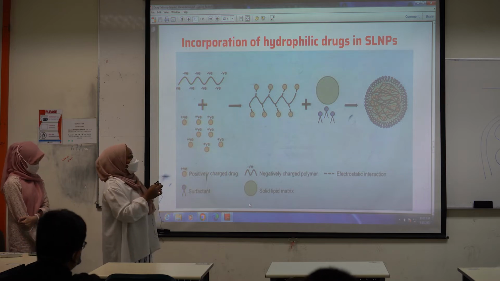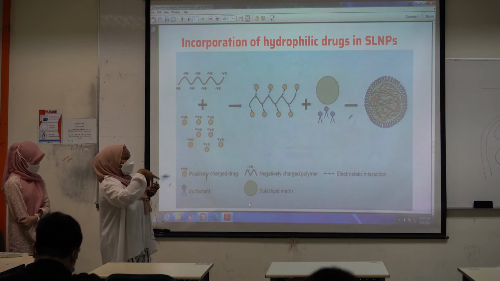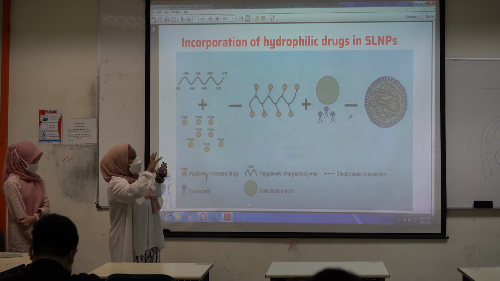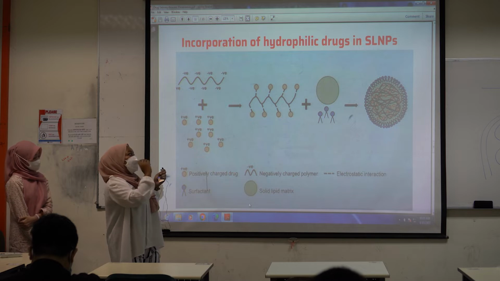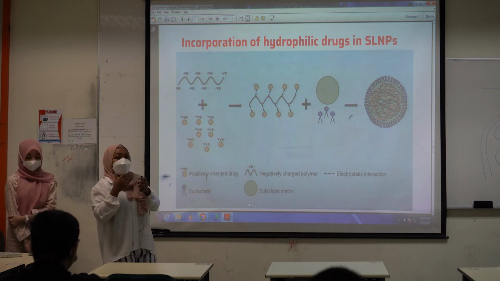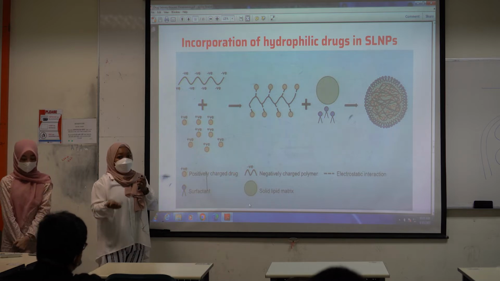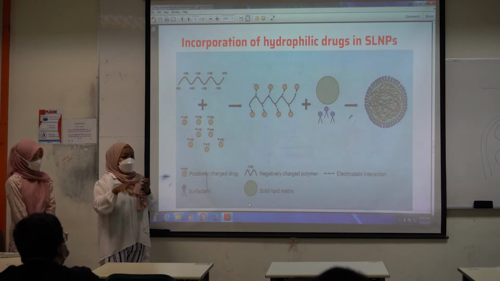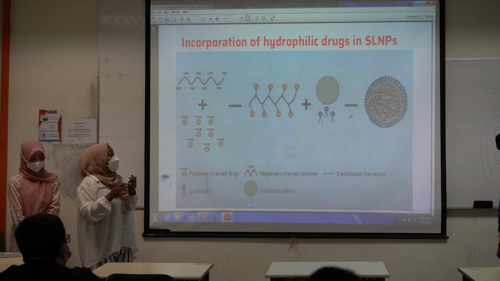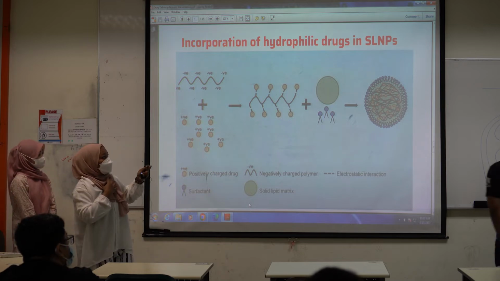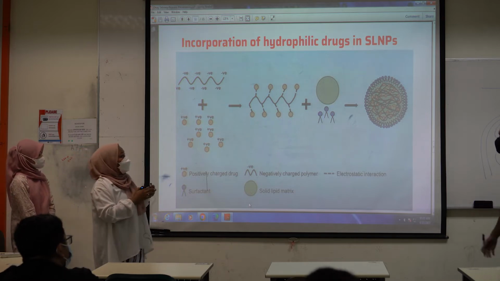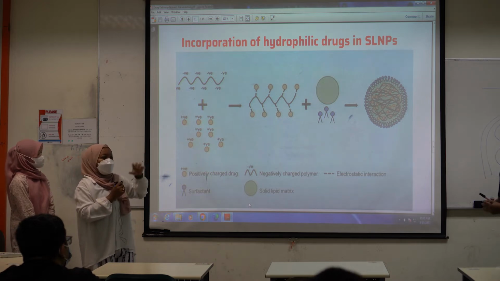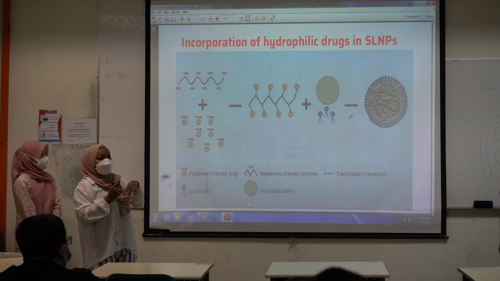Also, we can use polymers to coat the whole solid lipid nanoparticle. By that, it will enhance the bioavailability, and it will have a fast action site, and it will increase the stability in vivo, because in vitro it's easier to control, but in vivo it's difficult.